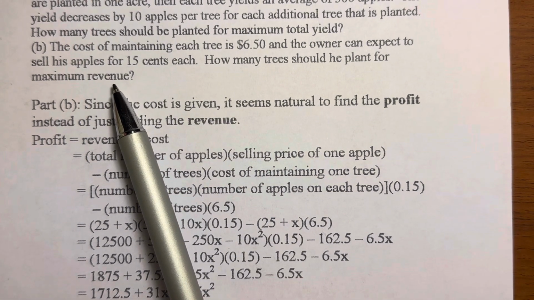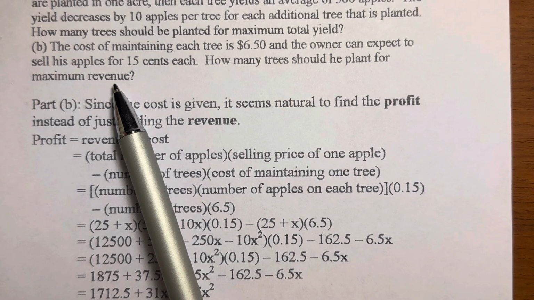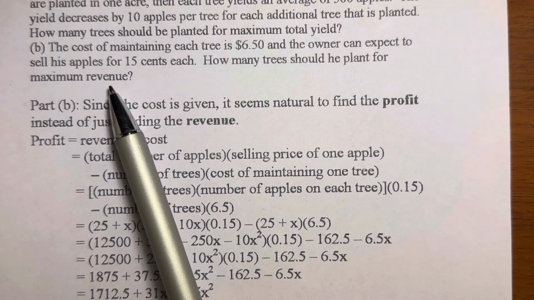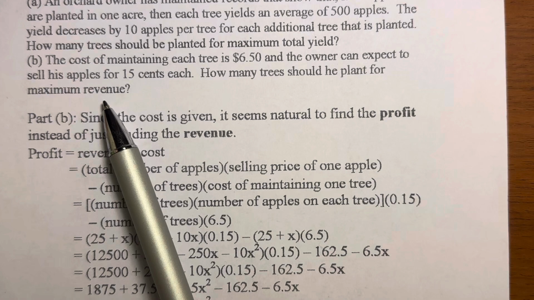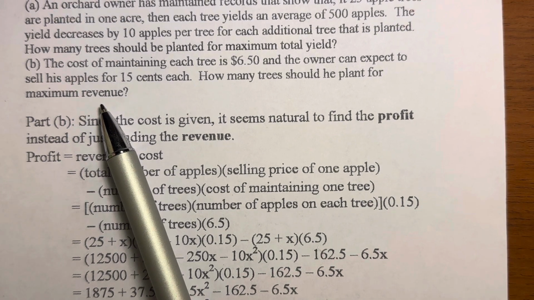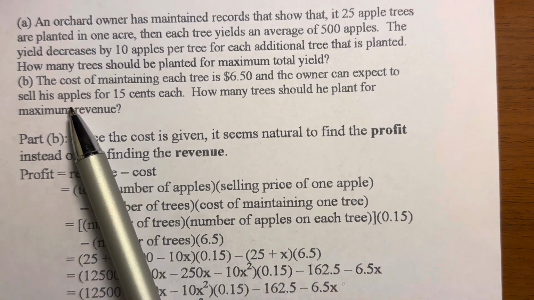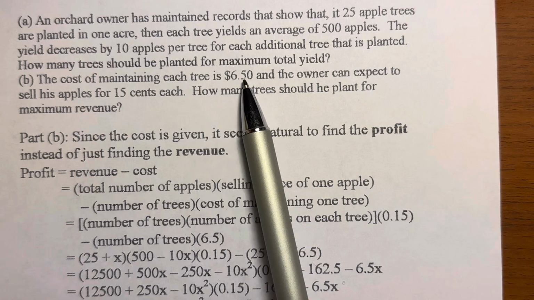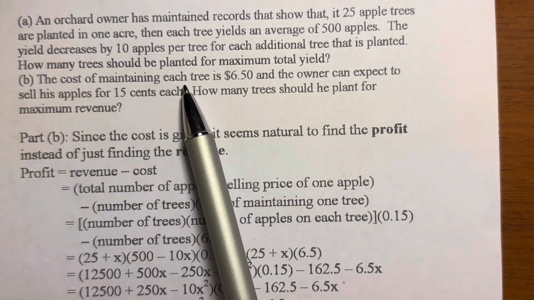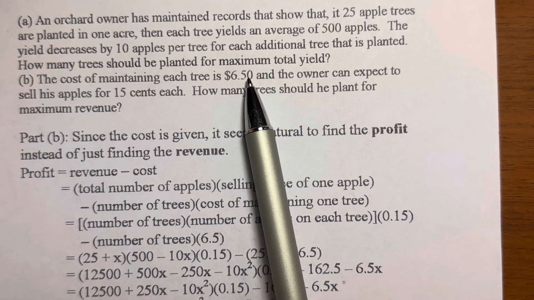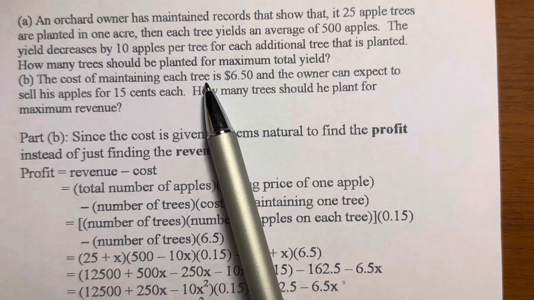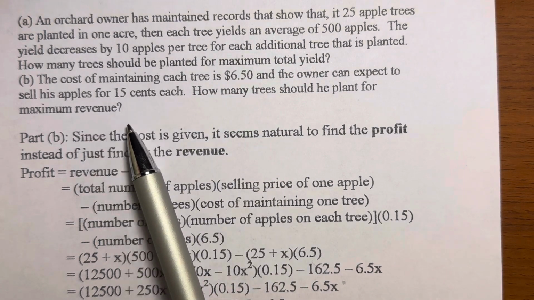Revenue is income. Revenue does not consider expenses. It's just income. Because revenue does not consider expenses, this piece of information, the cost is $6.50 for each tree, has nothing to do with the revenue.